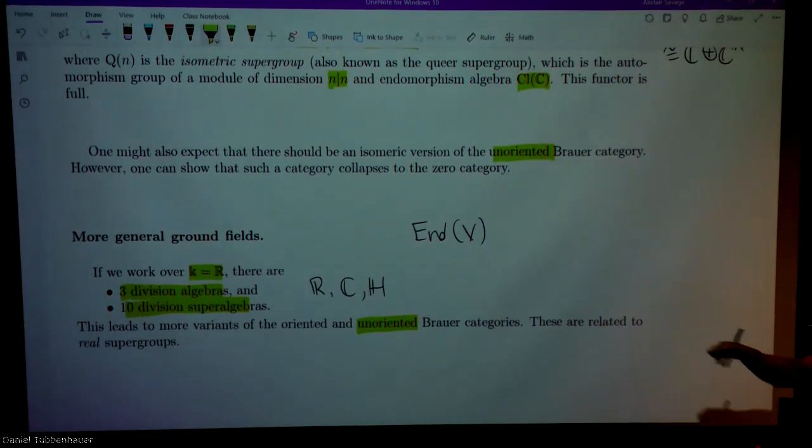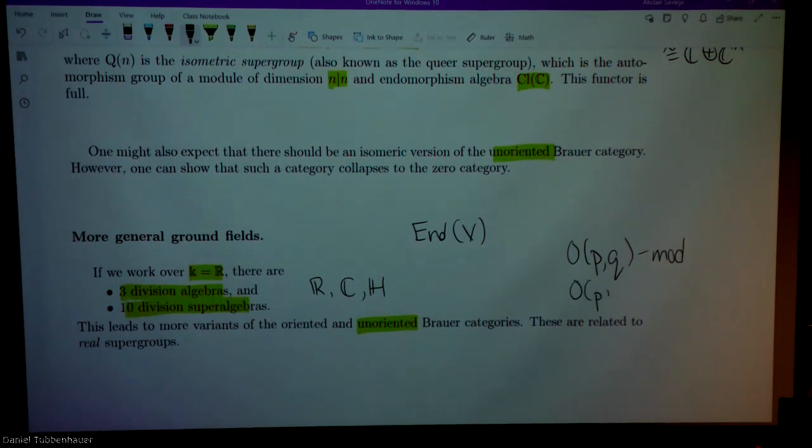And these are related to real supergroups, and you don't even need super for this to be interesting. So for instance, you could study representation theory of the indefinite orthogonal groups. This is a real form of the complex one where you take p plus q. And so that would be one of these cases where you pick the corresponding division superalgebra.